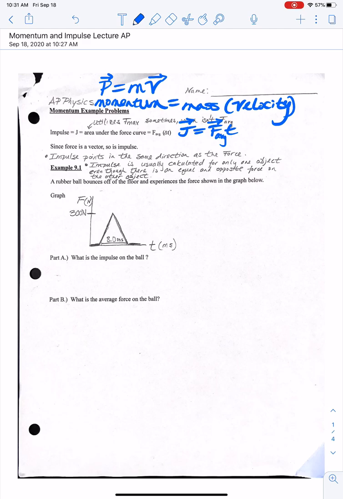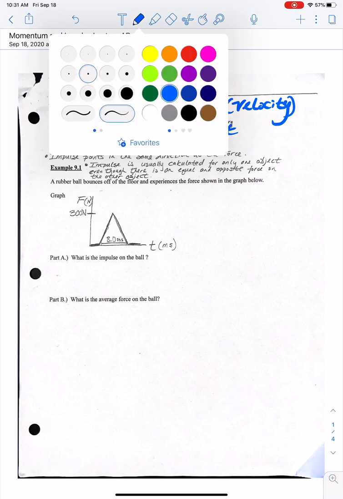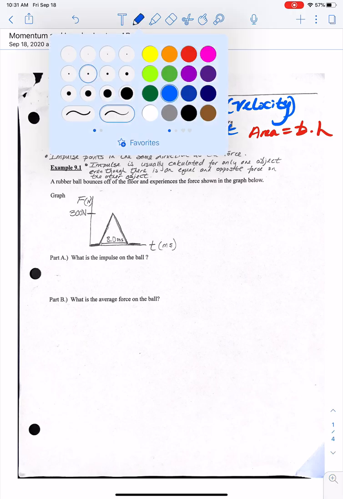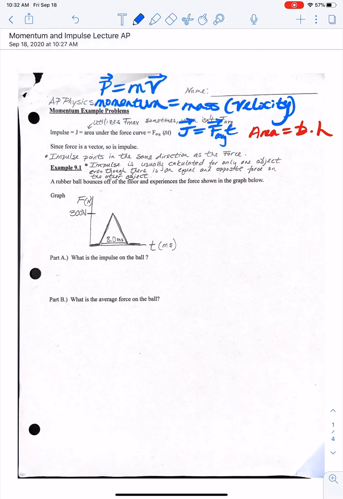Because we're looking at graphs here, this should remind us that what we have here is area equals base times height, which is pretty much the same formula that we have here, right?